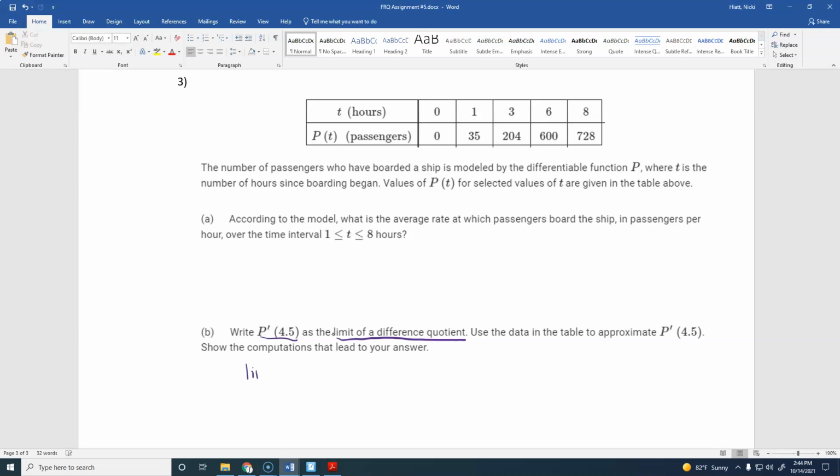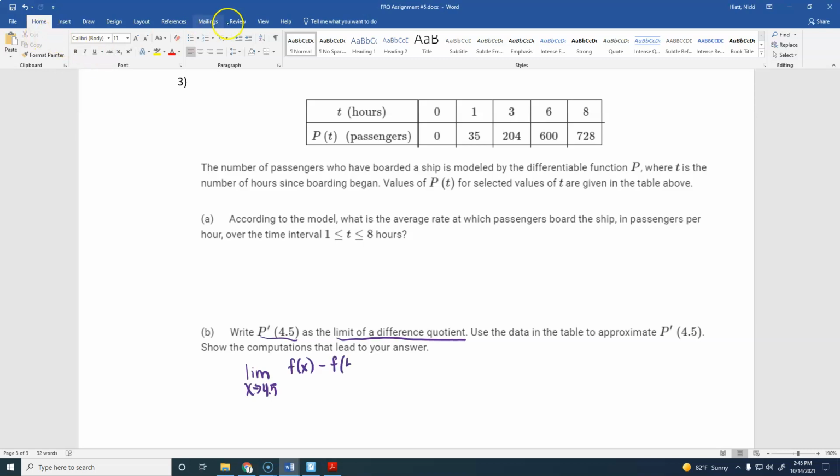Limit definition. So if it says difference quotient, think slope. And limit of a difference quotient is going to be like that slope formula with the limit as x approaches a. So x approaches 4.5 of, you would just do f of x minus f of 4.